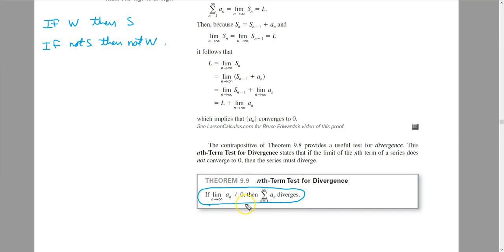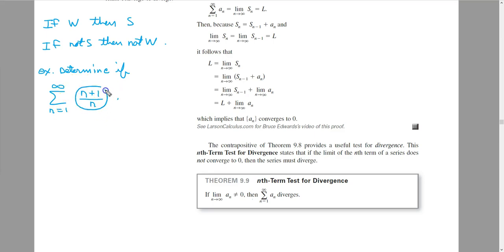Now here's how we use that. Let's take a look at this quick example. So let's determine if this series converges or not. Okay, so the series n equaling 1 to infinity of n plus 1 over n. Does it converge or not? Well, these are the an terms.